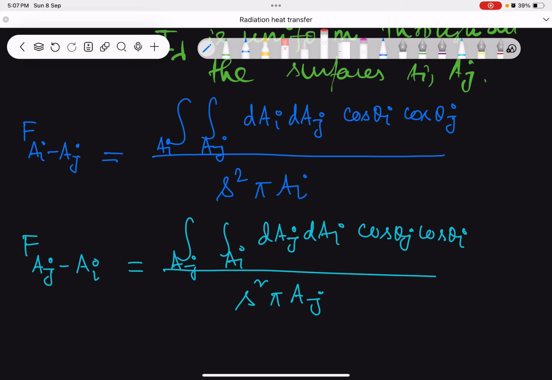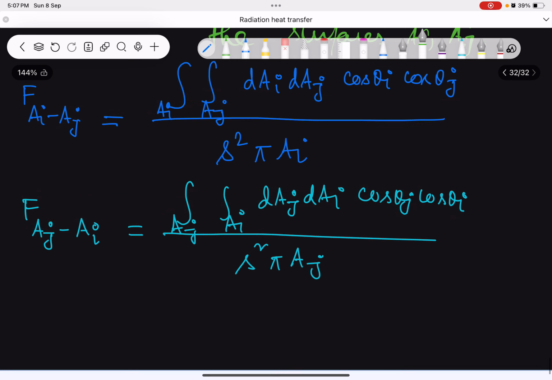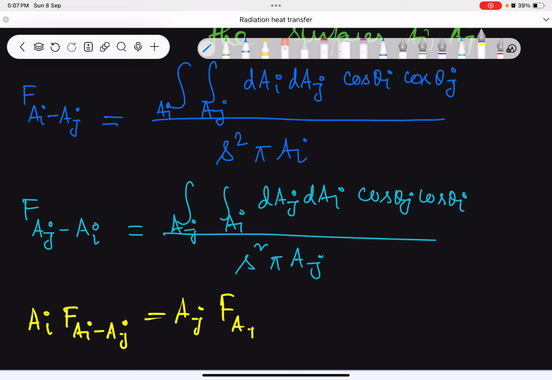It is very much visible from this expression and this expression. You just tell me if it is absolutely clear or not. That is, Ai into F AiAj is equal to Aj into F AjAi.